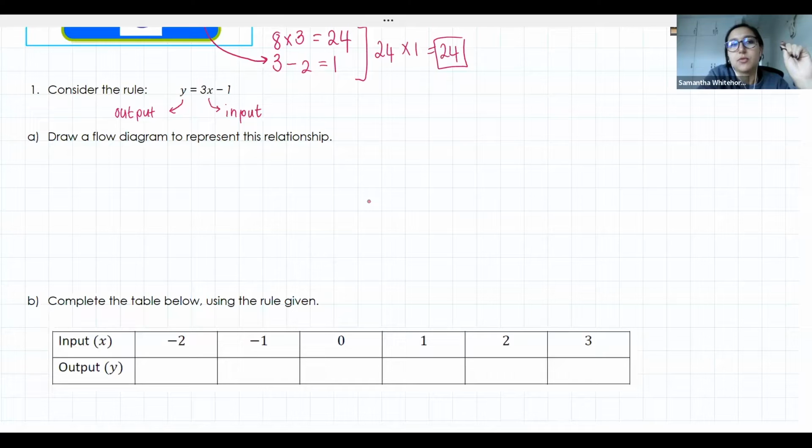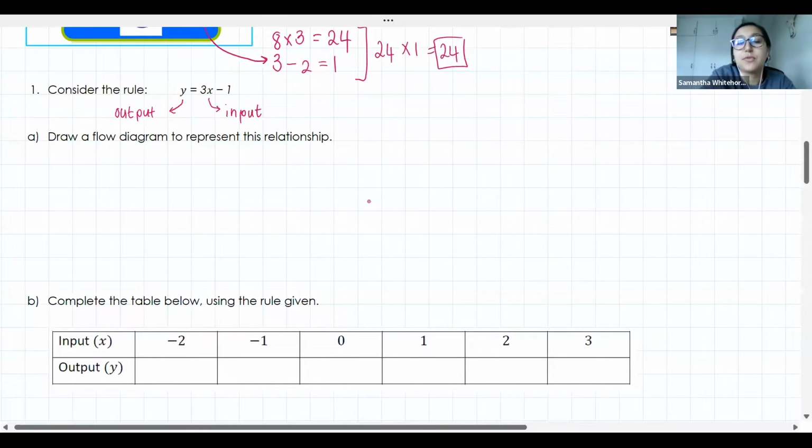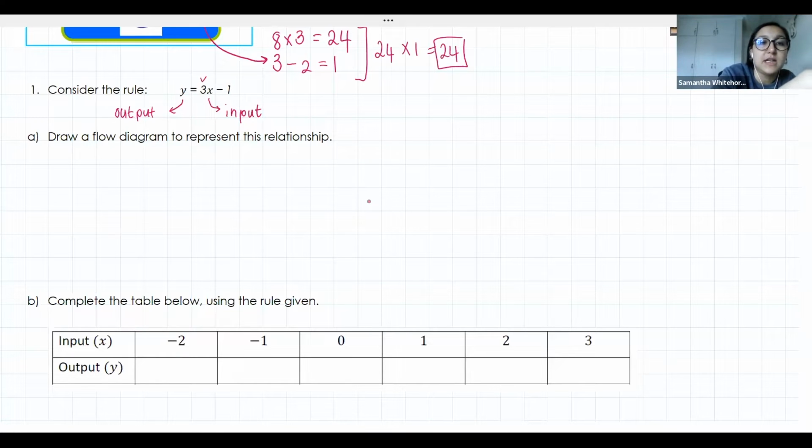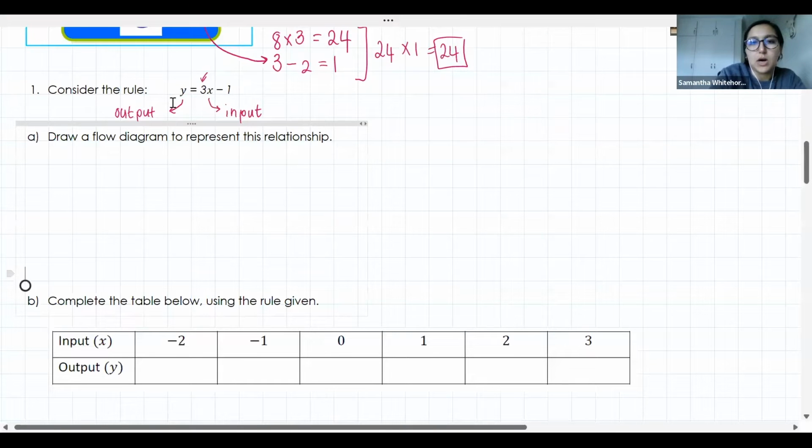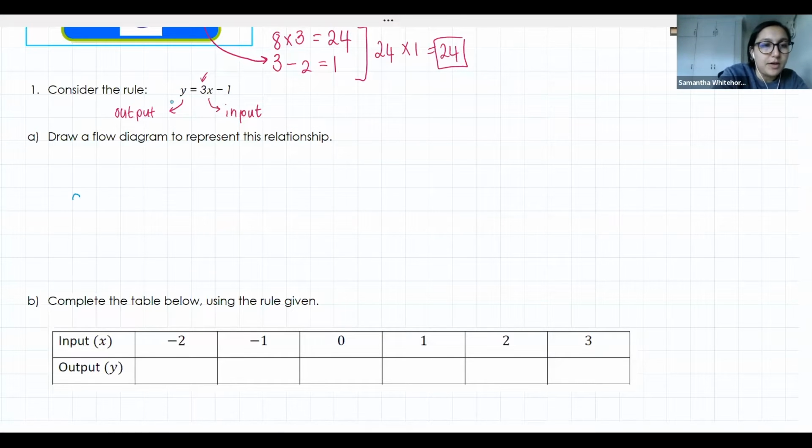So in this specific rule, we are told that we need to take x and multiply it by 3. That's what the 3 in front of the x is telling us. Remember, that's a coefficient. And then we need to subtract 1. So if we want to represent this in a flow diagram, that's quite easy once we've broken down our formula or our equation. We know we've got our input.